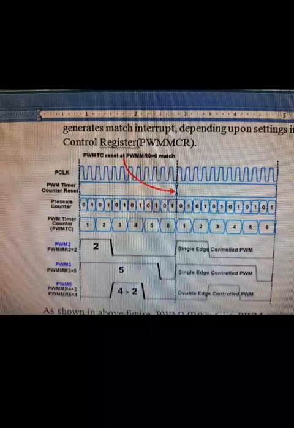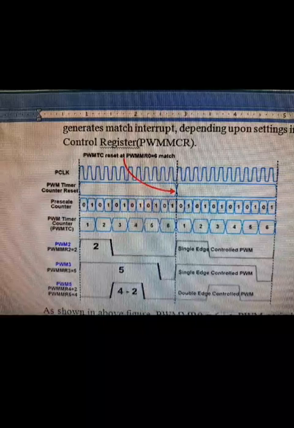The match registers PWM MR2 and PWM MR3 are used to set the falling edge positions for PWM2 and PWM3, whereas PWM MR4 and PWM MR5 are used to set the rising and falling edge positions respectively for PWM5. Let's see how the different PWM signals can be generated using the LPC2148.